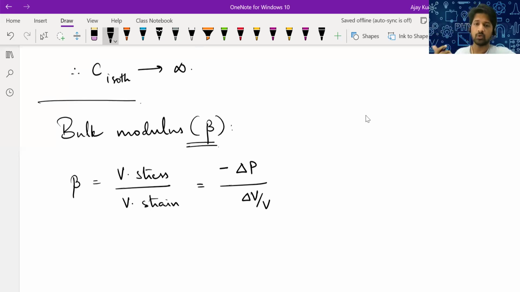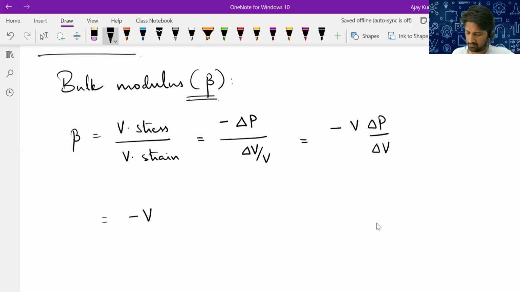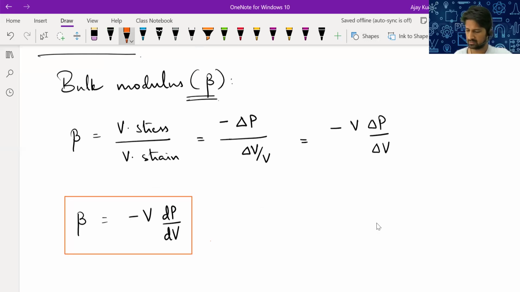Now, when it comes to thermodynamics, we write bulk modulus like this. The same expression can be written as minus V delta P by delta V. In thermodynamics, we use this as minus V dP by dV. That is how we generally express bulk modulus in any thermodynamic process. We don't use delta, we use d, small changes.